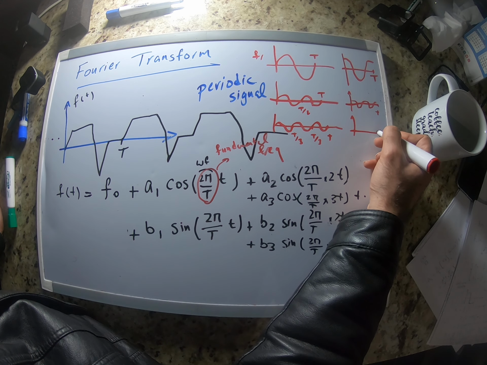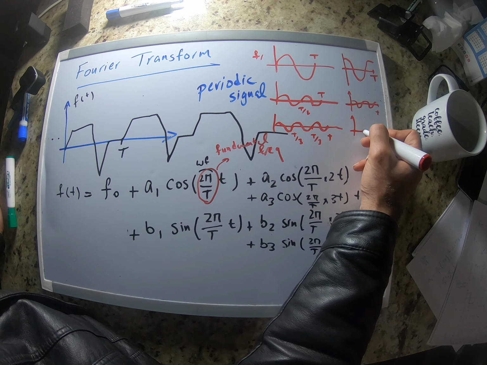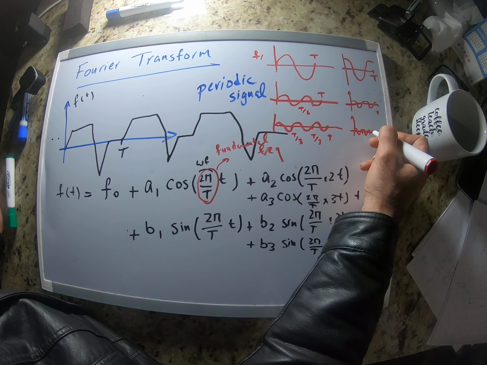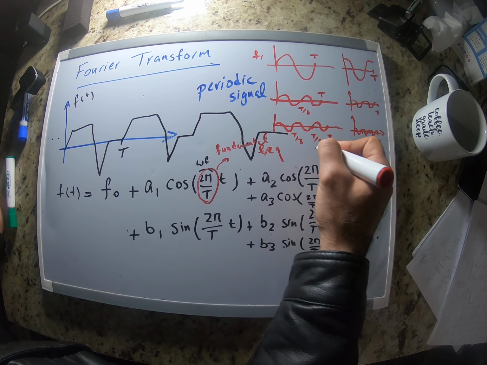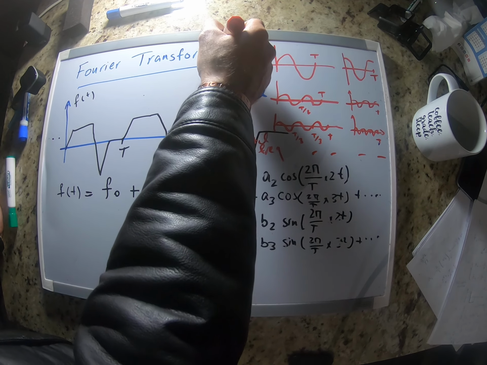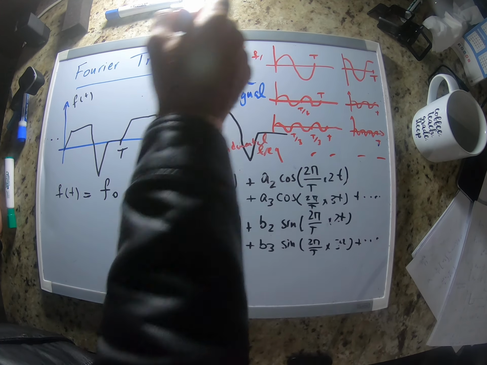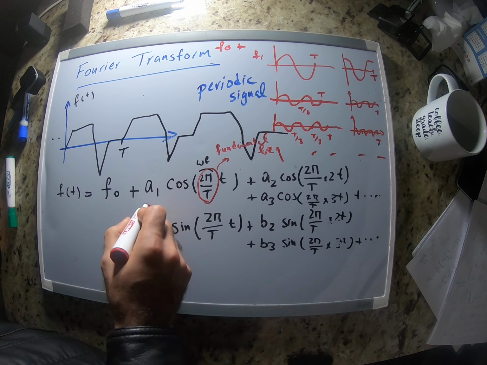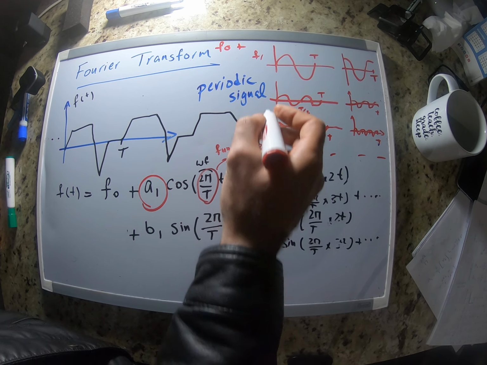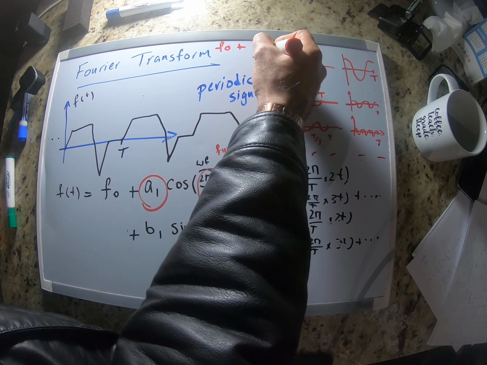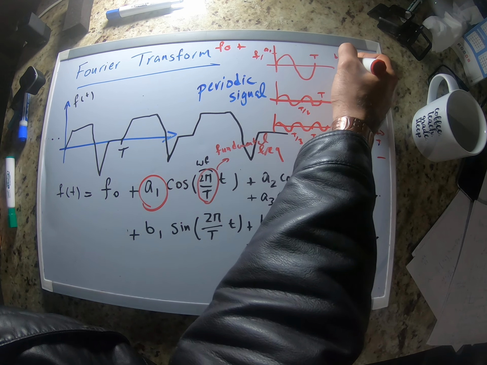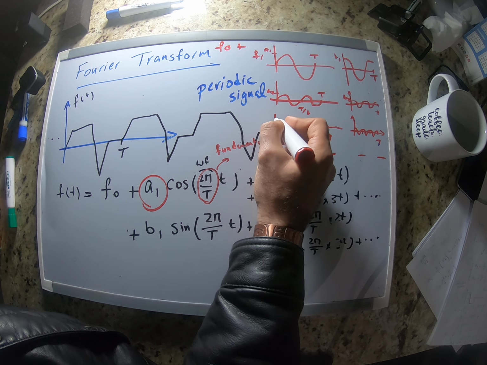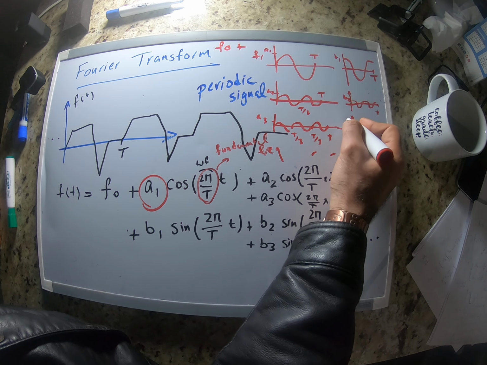The same thing for cosine, cosine, cosine, and so on. Plus also the DC value, which is the DC offset. And these coefficients, this would be A1, this would be B1, this would be A2, this would be B2, this would be A3 and B3, and so on.